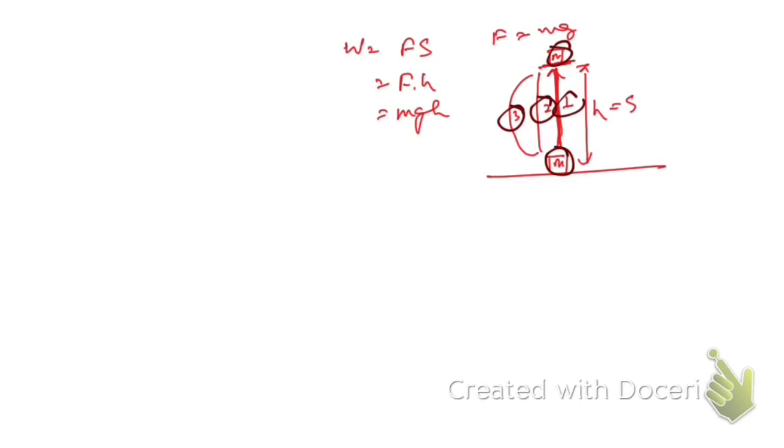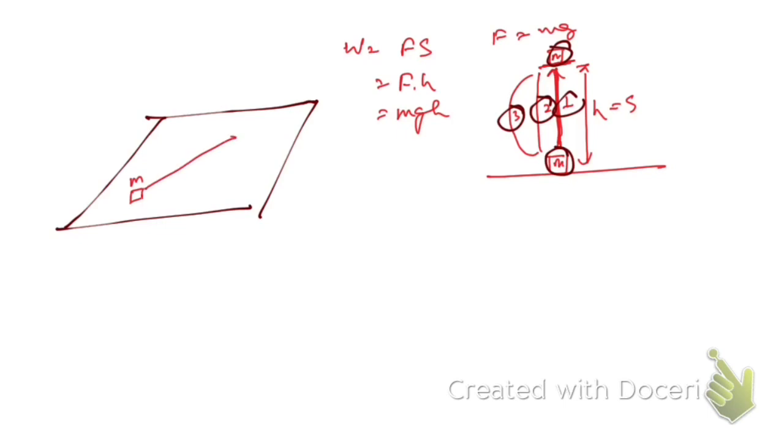But suppose here we have a rough surface, and an object of mass m is kept on this surface. It is displaced through a distance, suppose s1, to this position.